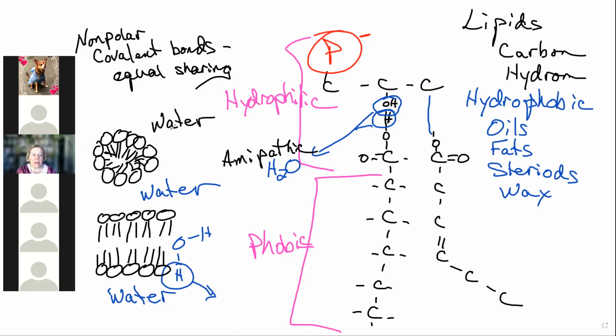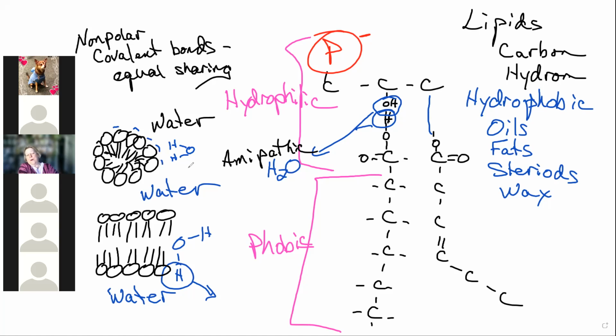They can't form hydrogen bonds. And so water excludes it. But because we've got a negative charge on these phospholipid heads, they can interact with the hydrogens on water, and so they're not excluded from the water.